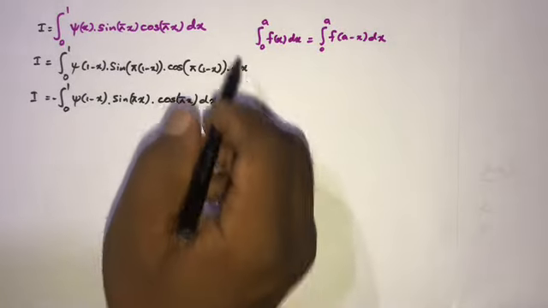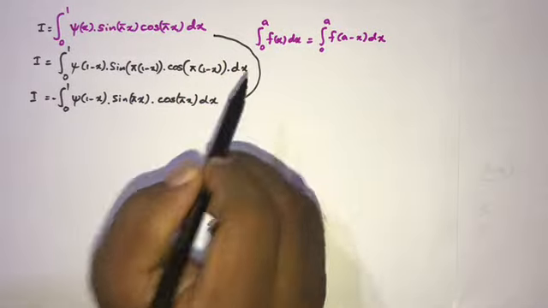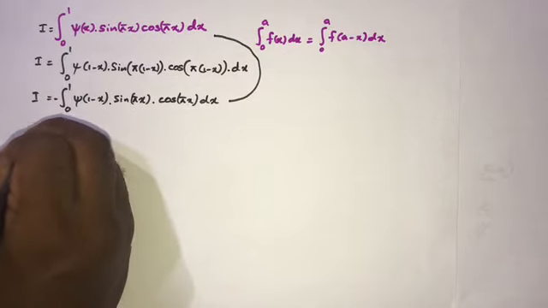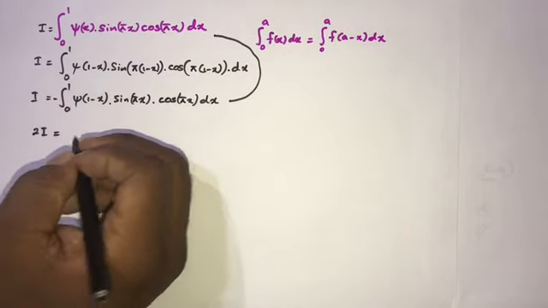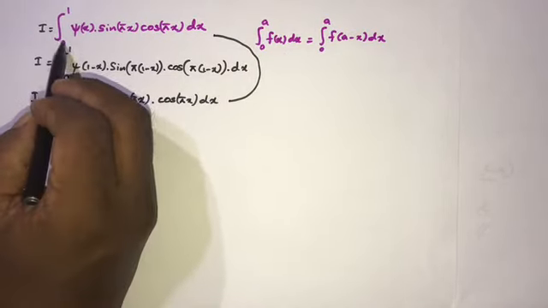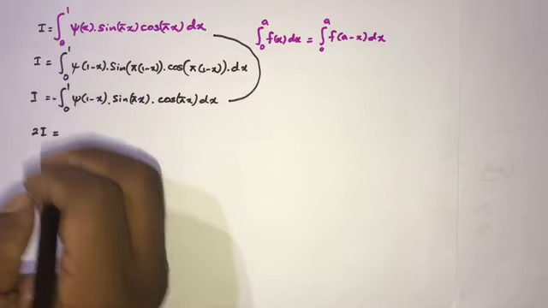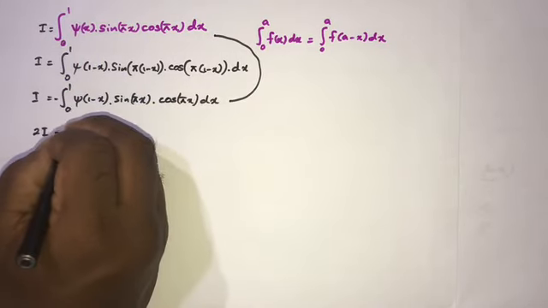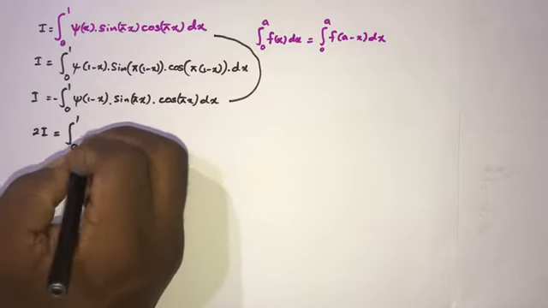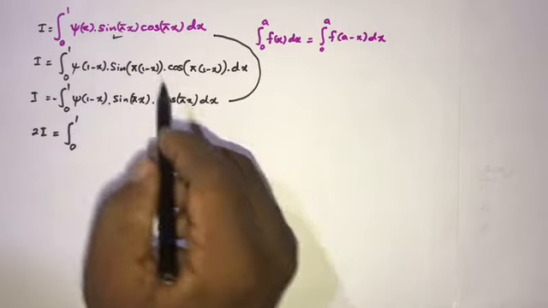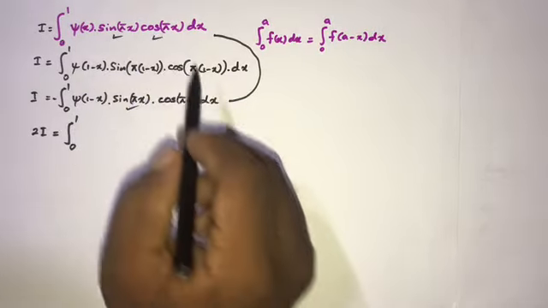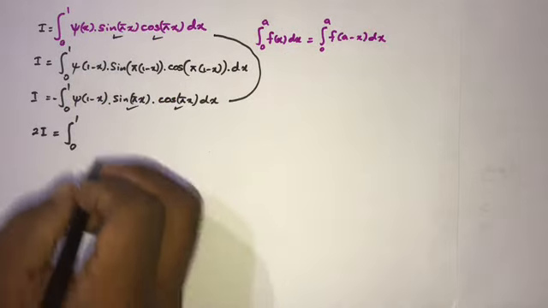Now I am going to take the sum of these equations. So 2 times I is equal to integral from 0 to 1, same boundaries. Now we know sine of pi x and cosine of pi x are common factors.